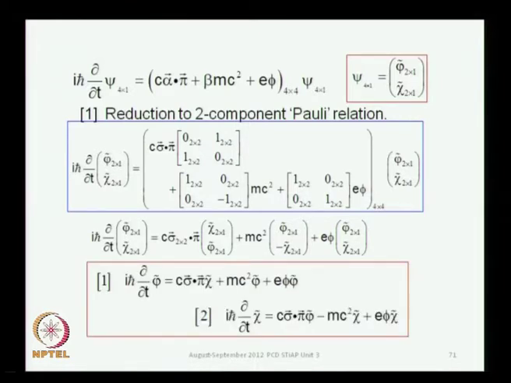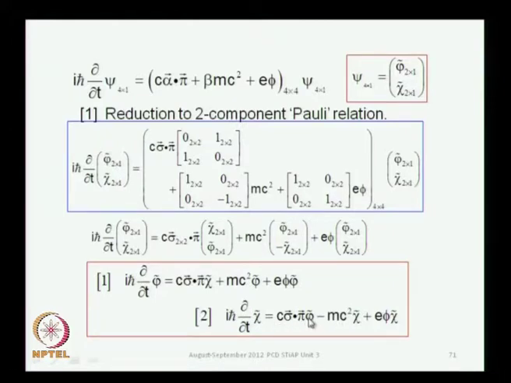Now, this is really because of the block diagonal structure. You can look at this as really 2 sets of equations. One is an equation for the time derivative of phi tilde, and the other is for the time derivative of chi tilde. But on the right hand side you find not just phi tilde, but also chi tilde, and in the second equation you find not just chi tilde, but also phi tilde.